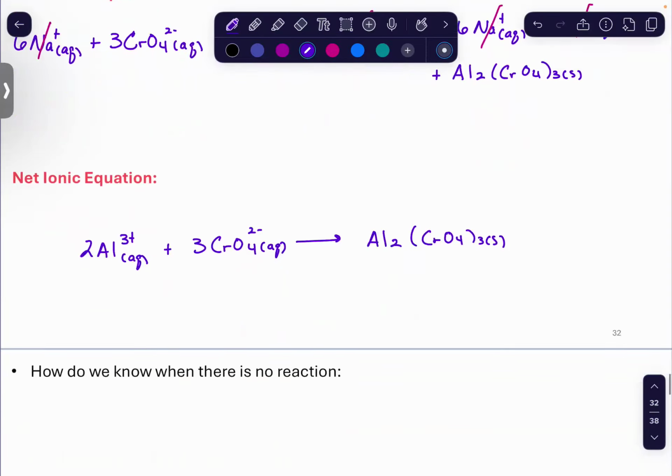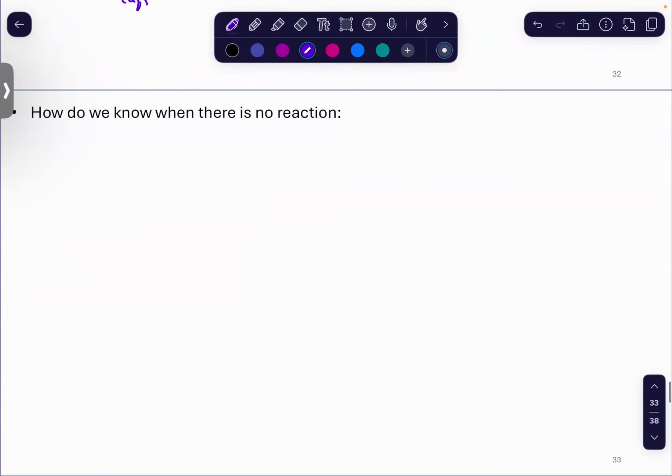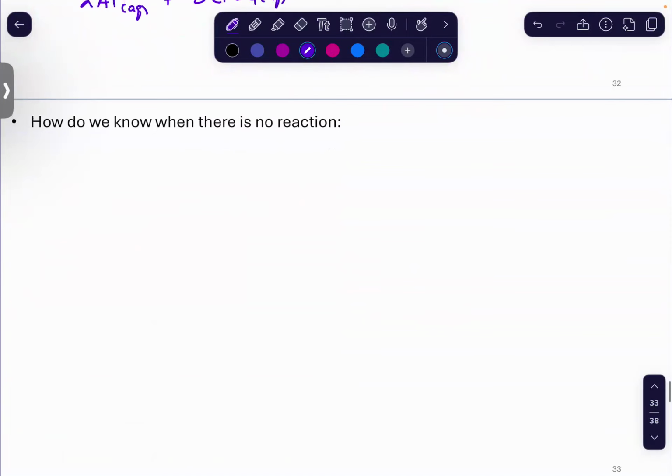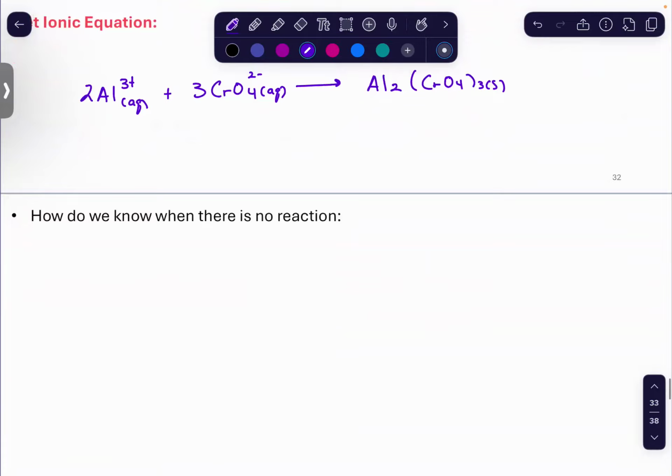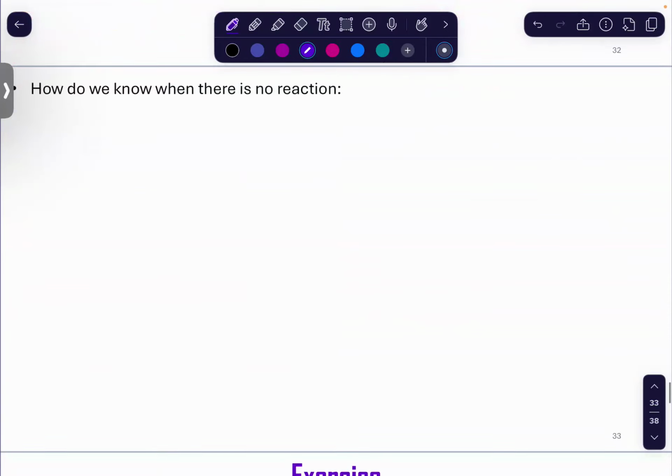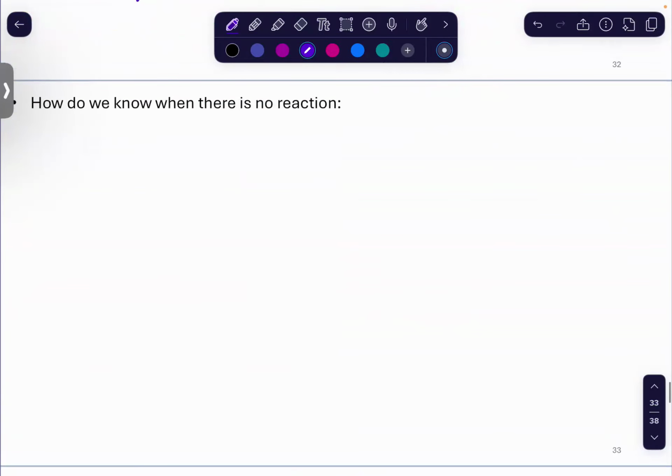So we're going to go back to our other one, and we say, well, how do we know when there is no reaction? So, okay, you remember our other reaction, everything was aqueous. I'll just start at the formula equation.